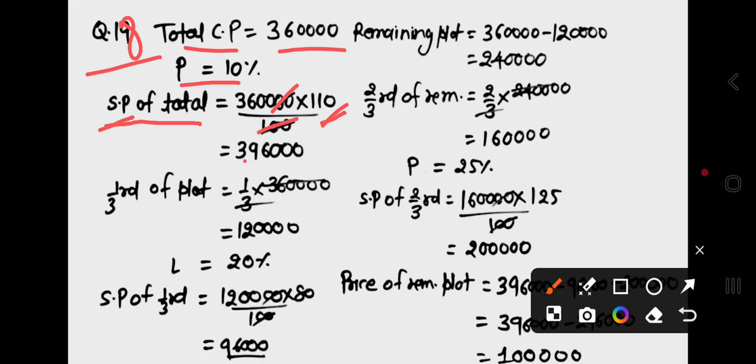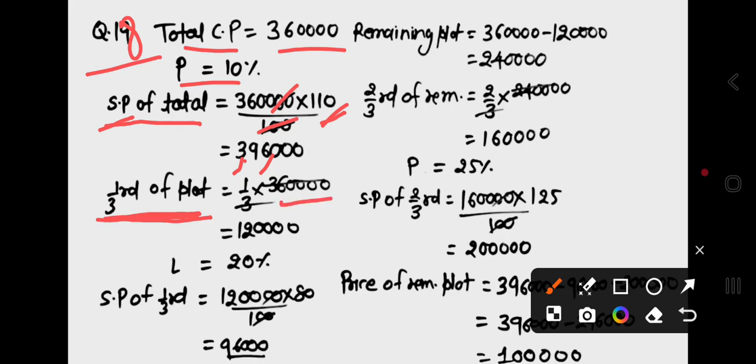This will come 3,96,000, meaning he wants to sell his plot at rupees 3,96,000.